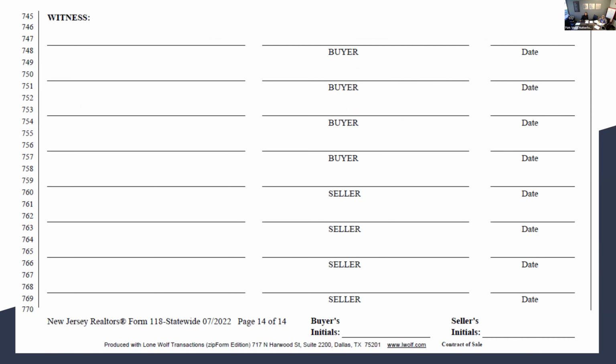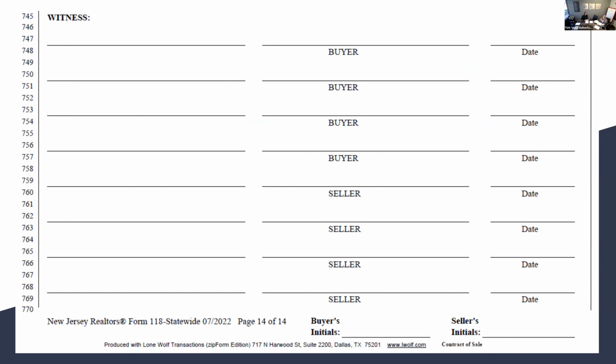At the very back, make sure all parties sign. So there's room here for 4 signatures for the buyer and 4 for the seller. And the page must be initialed at every single page. Or this one is like for a seller, where the father died and the kids inherited.